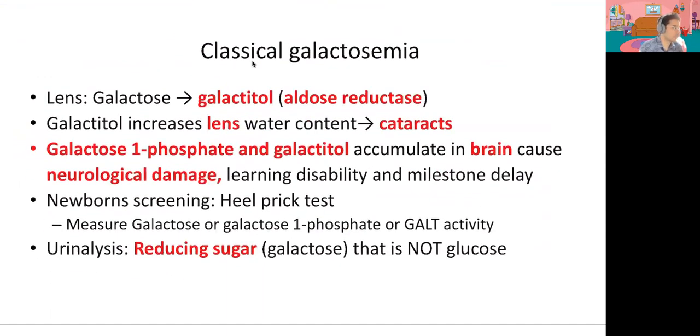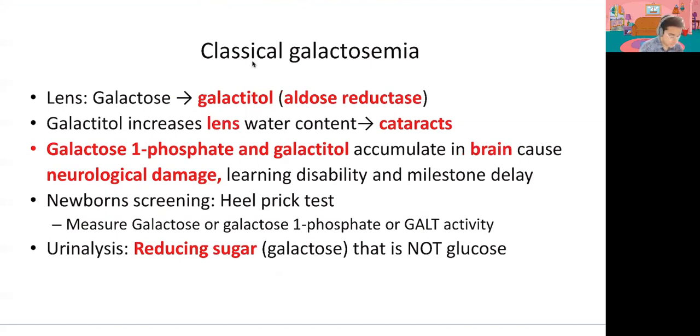In the lens, what happens to the excess galactose floating around? It gets converted into galactitol. I can't pronounce that word. Aldose reductase is involved in that, and remember, this is osmotically active. So what do you get? Lens water retention, cataracts. Then eventually it will accumulate in the brain and can lead to neurological damage. The babies will have developmental challenges.